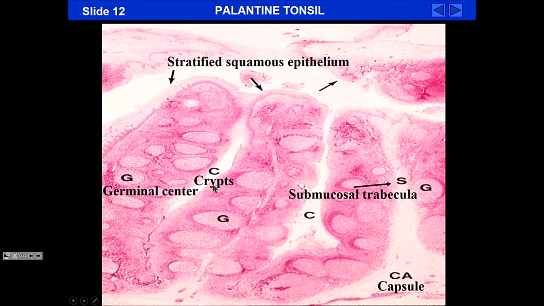If we look at a histological cross-section through tonsils, we can see there is a connective tissue capsule underneath, and sometimes this connective capsule separates different pieces of the tonsils, but on the surface we have stratified squamous non-keratinized epithelium. That is not connective tissue, that is integument, i.e. skin, so it's not considered a connective tissue capsule.